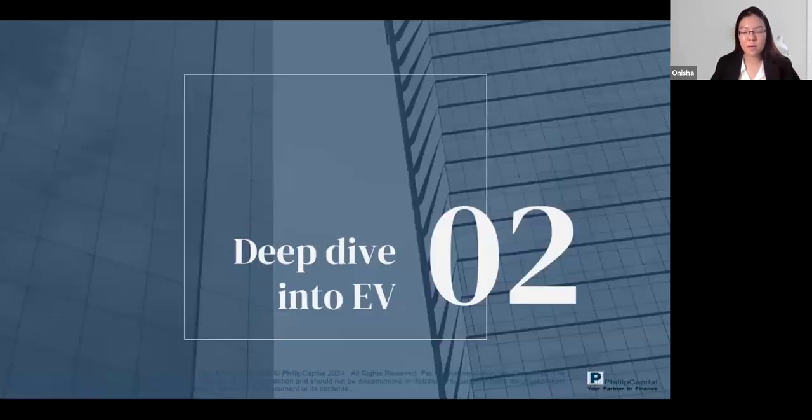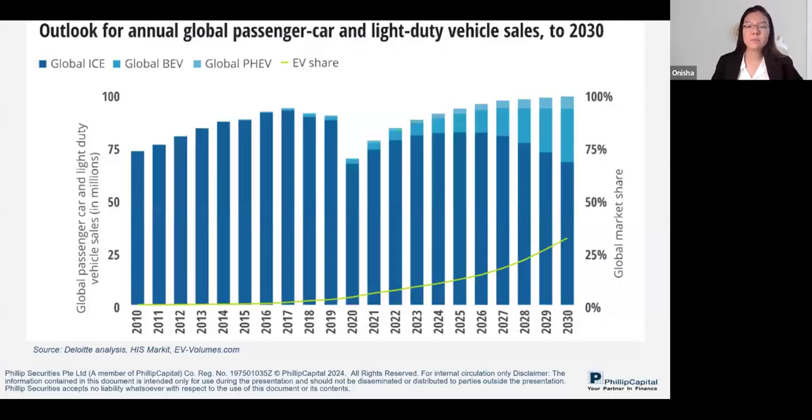Next, let's have a deep dive into the EV sector here. The first thing: despite the COVID-19 pandemic back in 2020, it was actually a successful year for the EV market and EV supply chain. The lockdown affected EV sales negatively, but the policies that came out from the government related to climate change in some countries helped boost the EV sector and keep it resilient.